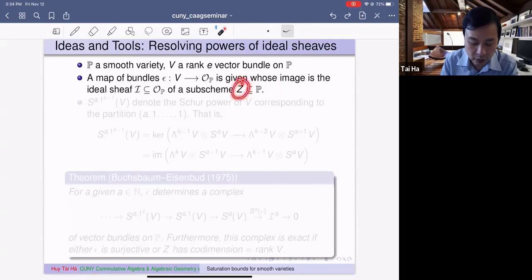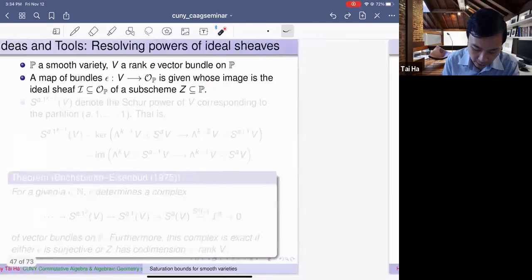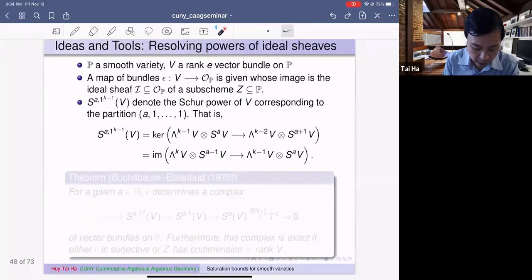Later on, Z here is going to be our X, and this is going to be the ideal sheaf of X. And we will let S_{(a,1^{k-1})} V be the Schur power of V corresponding to the partition (a,1,1,...,1), where you have k minus 1 ones here.